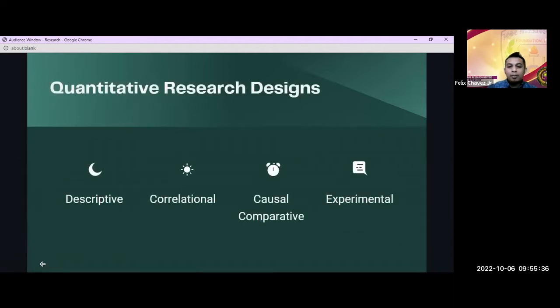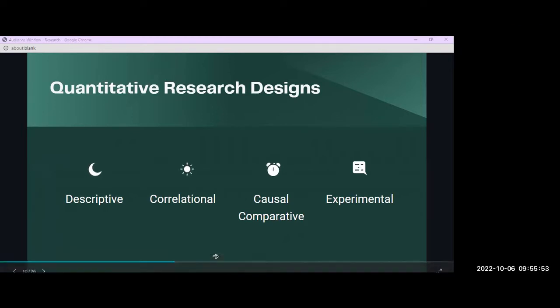So in a quantitative design, we have these common designs. We have the descriptive research design. If you want to know the characteristics of the variables or the phenomenon that we want to study, then we can perform the descriptive research design.